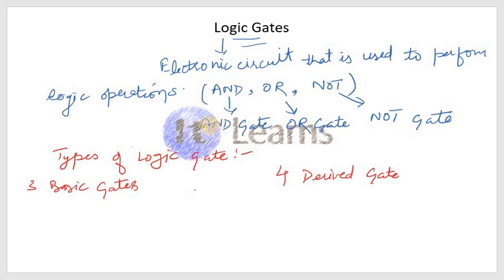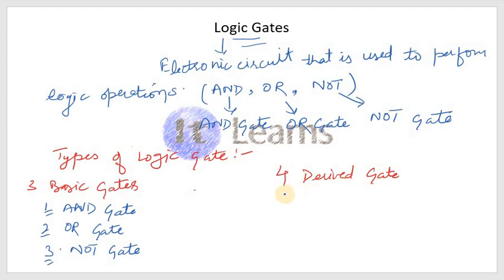What are the three basic gates? Basic gates are three we have already discussed above, that is AND gate, OR gate, and NOT gate.